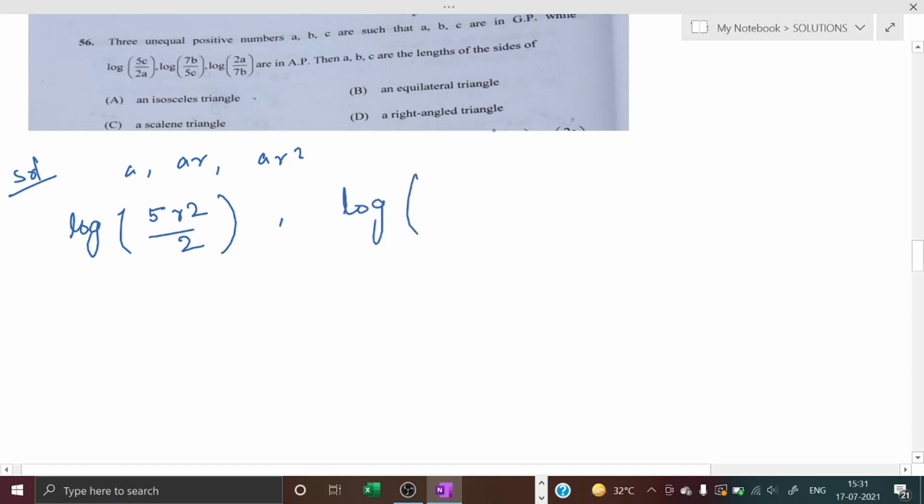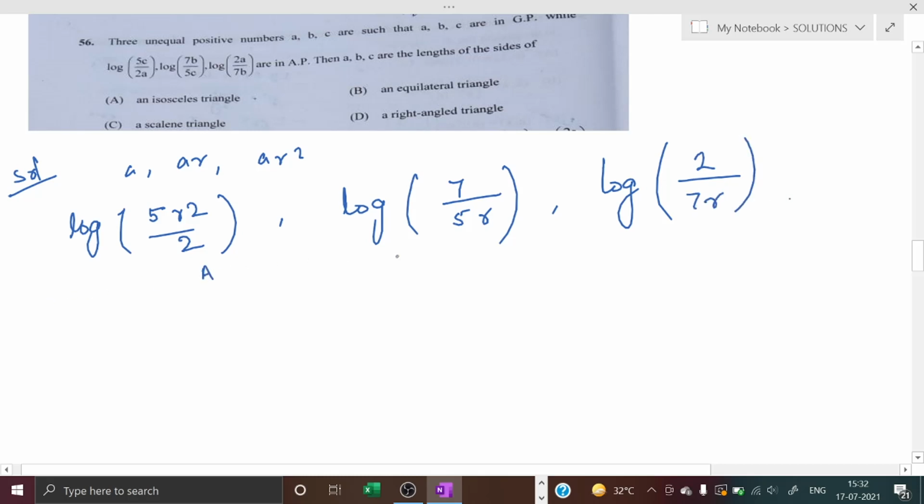Okay, so next question is a simple question on AP GP. So let us assume the terms to be like this. So the terms of AP would be 5r square by 2, and next would be log of 7 by 5r, and the third term would be log of 2 by 7r, right?